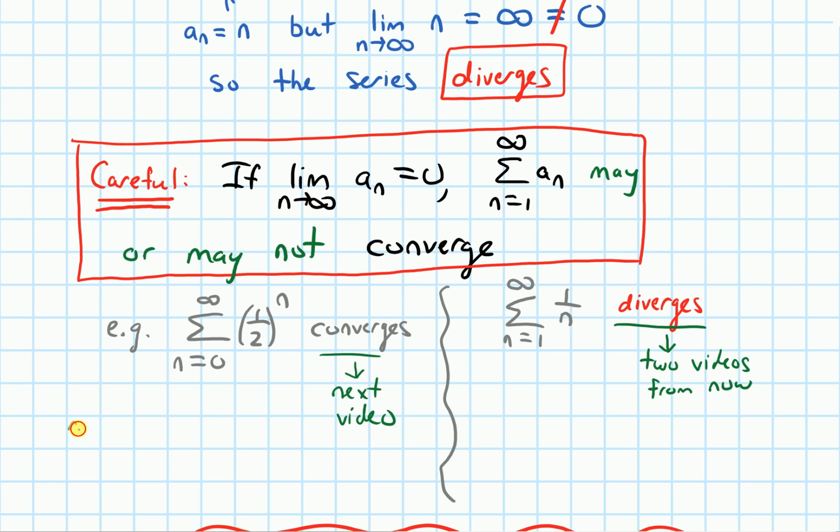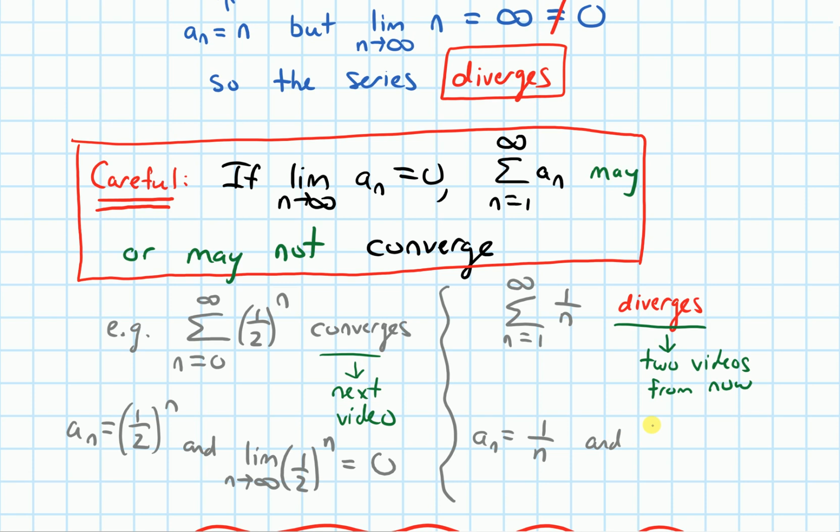In the first series, a sub n is 1/2 to the n. And the limit of those terms, the limit as n goes to infinity of 1/2 to the n, is going to be 0, because 1/2 times 1/2 times 1/2, an infinite number of times, is getting really, really close to 0. With the other series, the formula for a sub n is 1 over n.